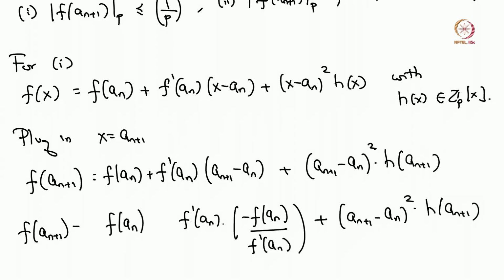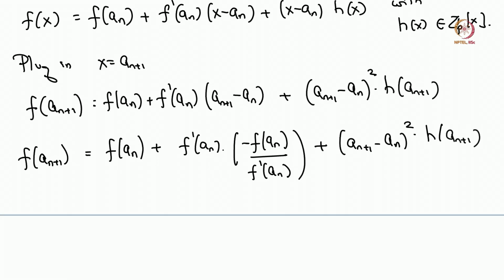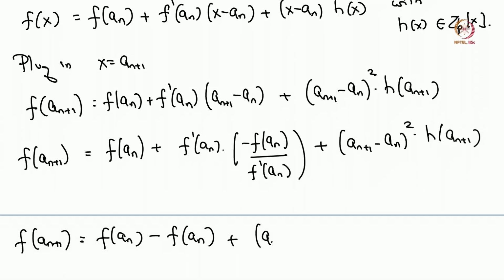So I'll leave f of a_n on the right hand side. And so simplifying, we get that f of a_{n+1} equals f of a_n. And for this next term, if you cancel the denominators, you get minus f of a_n plus (a_{n+1} minus a_n) the whole square times h of a_{n+1}.